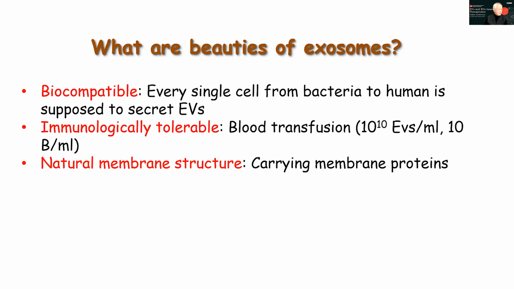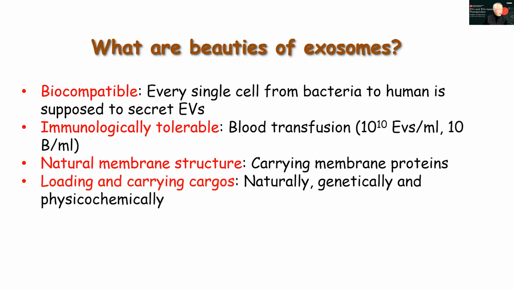And it is a natural membrane structure. So basically it can carry many different types of membrane proteins, particularly multi-transmembrane domain types of proteins. And we can also load many different types of active ingredients naturally or genetically or physicochemically.